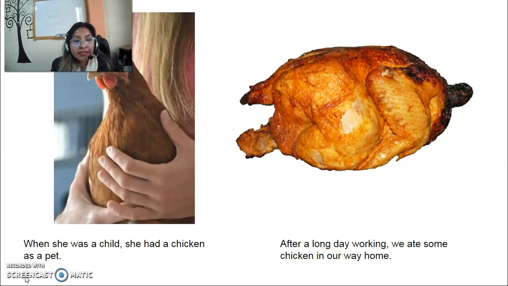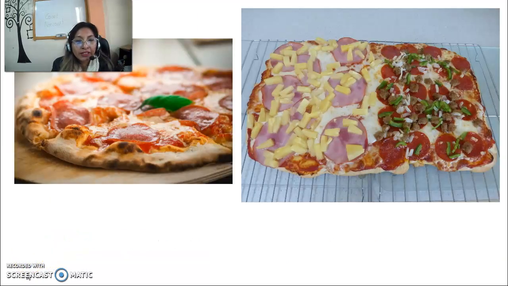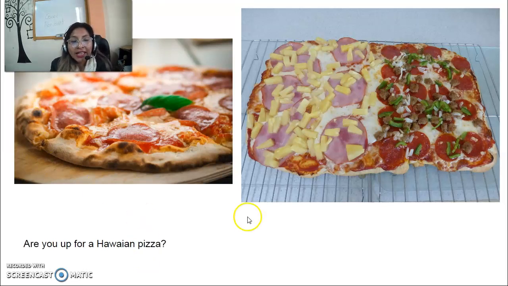Well, the same happened with this other example, with a pizza. Are you up for a Hawaiian pizza? I am talking about the specific pizza, a Hawaiian pizza. This is countable.